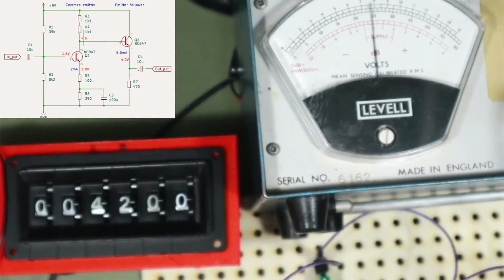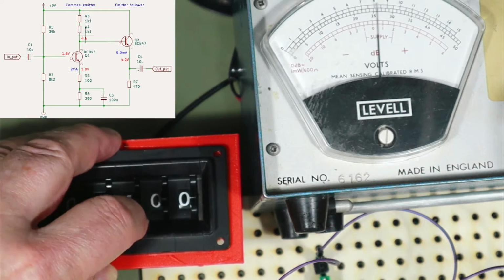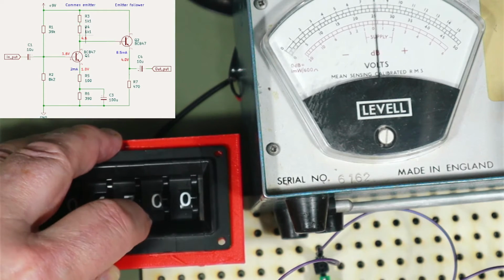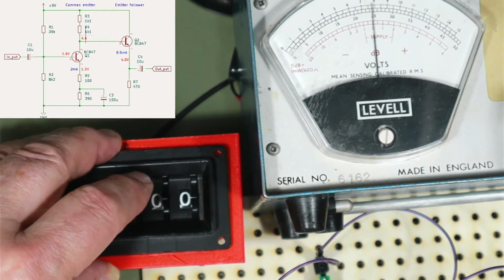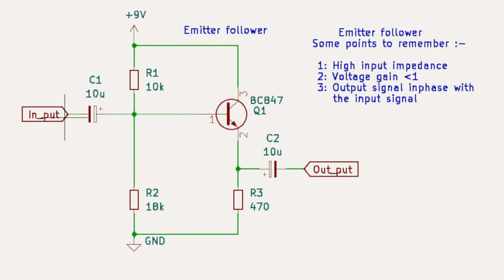I'll zoom out in a minute to show you, and we have changed the input impedance somewhat. We've gone from 4.2 to 4.9, yet they say in their write-up that it makes a significant increase to the input impedance, which is rubbish. It does next to nothing.